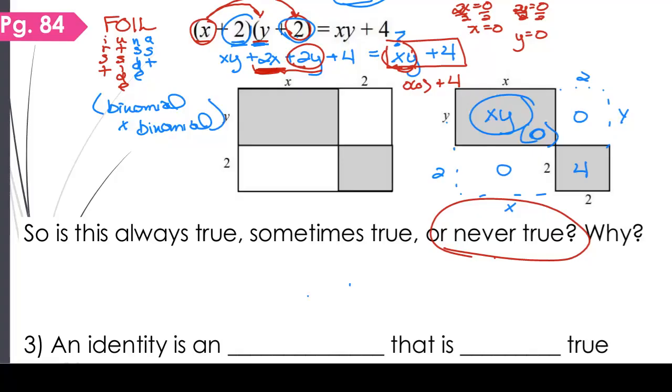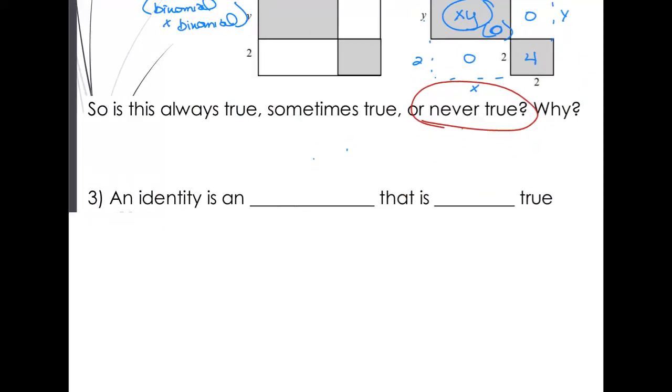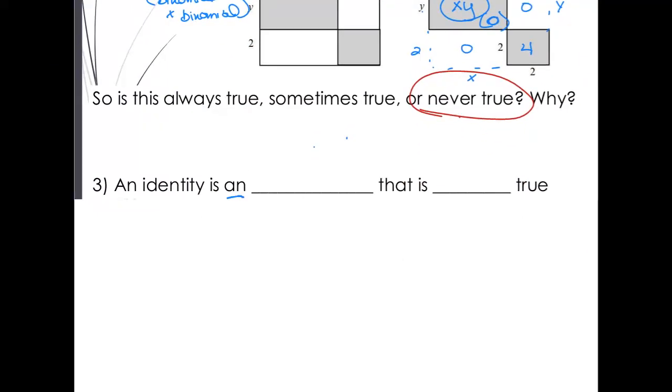So, next up, an identity. You guys took that little pre-file quiz the other day. An identity is, anybody have an idea? Starts with an and, so what does that mean that first letter must be? If you say and, that means it has to start with a vowel, right?